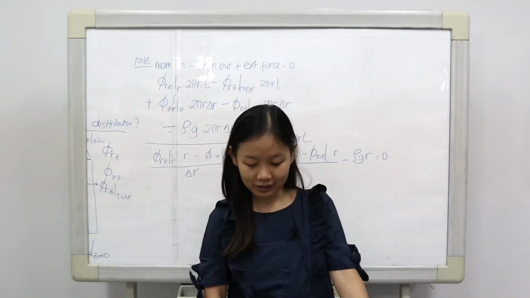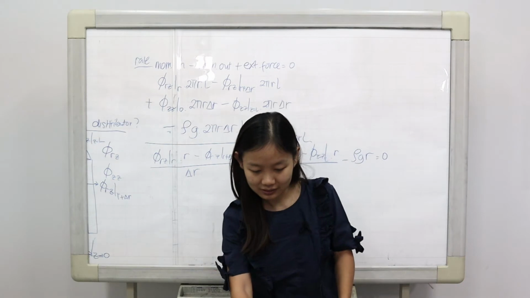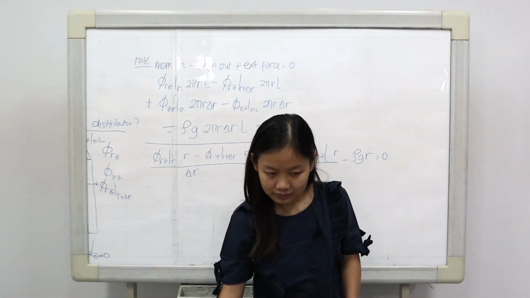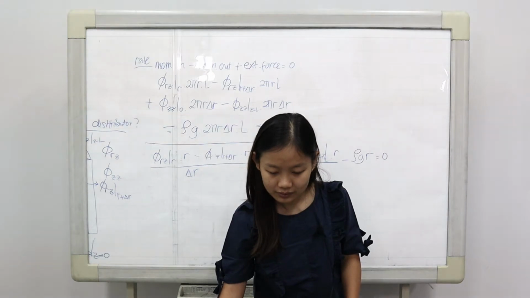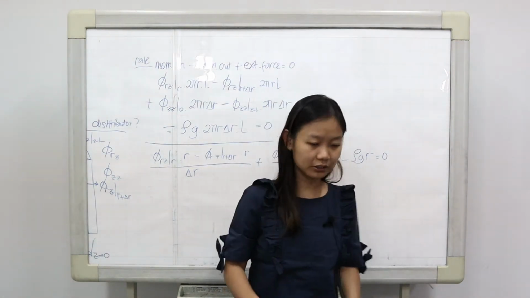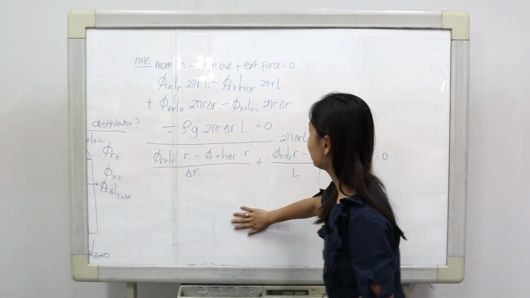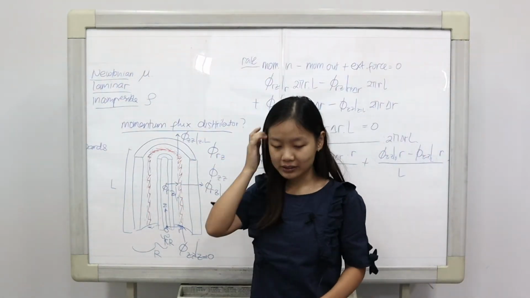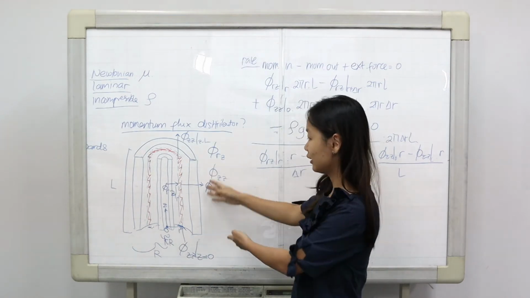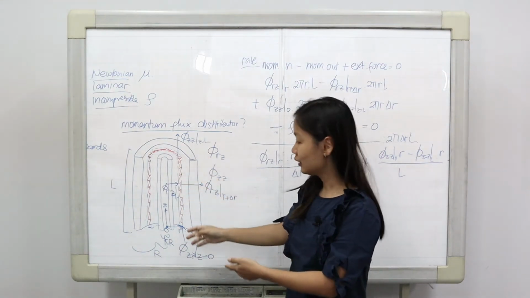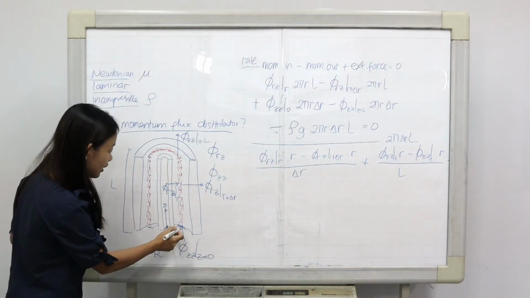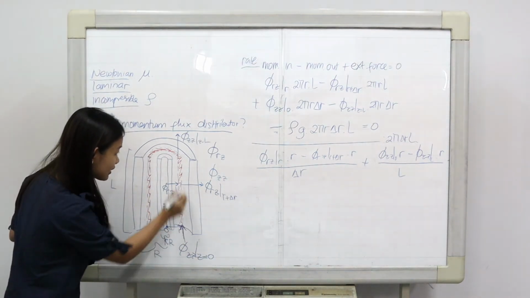Questions? Okay, please, Aimi. I forgot how to get the cross-sectional area for the phi zz. How do we get the 2 phi r delta r as the cross-sectional area here? So if you look at this figure, the phi zz momentum moves like this.